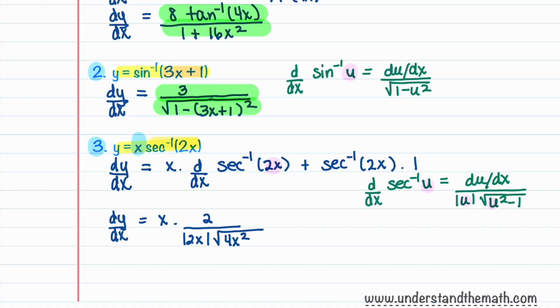The absolute goes away because we're squaring it, and then we subtract 1. It looks like our 2's can cancel, so we're going to write this as x divided by absolute x square root 4x squared minus 1. And we did it. There is our final answer.